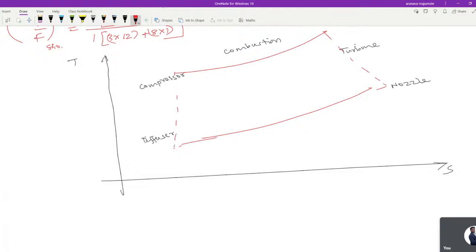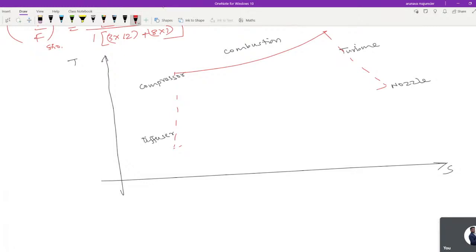Talking about combustion, what is the process? It is an isobaric process. And again, the turbine is an expansion isentropic process, and the compression is an isentropic process.